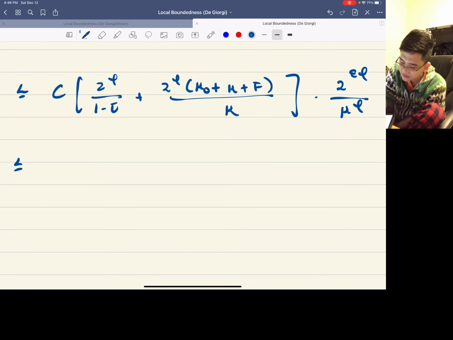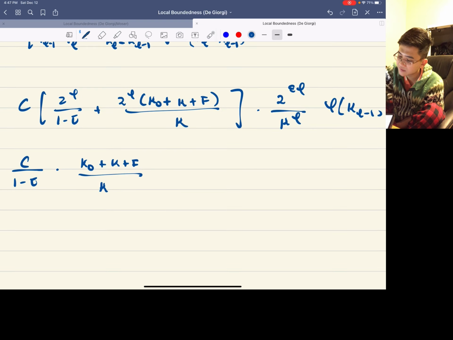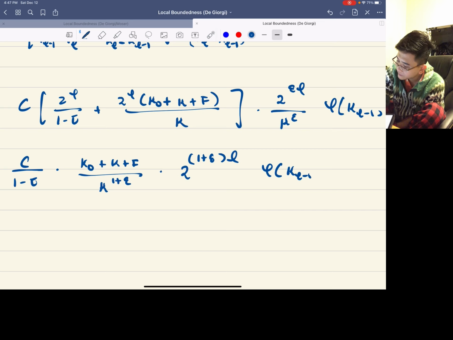You can show that this is less than or equal to some constant over 1 minus tau times K0 plus K plus F over K to the 1 plus, wait, this is not L, I'm sorry, this is epsilon. Okay, so I have there K to the 1 plus epsilon times 2 to the 1 plus epsilon times L times phi of K L minus 1, R L minus 1 to the 1 plus epsilon.